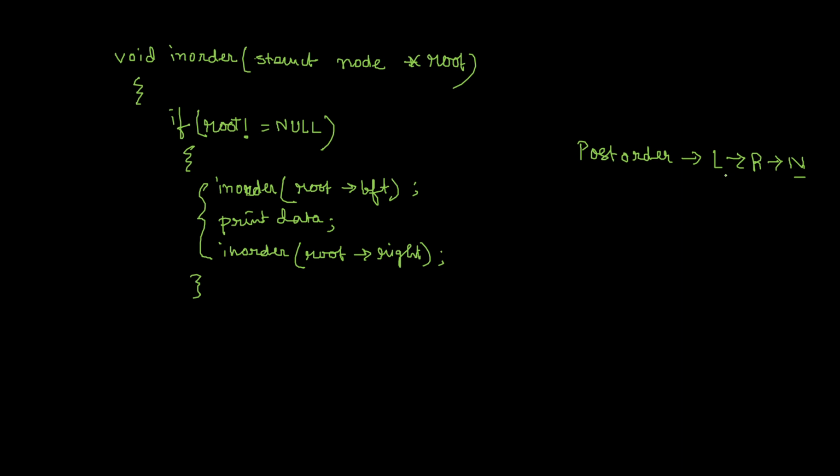I will go to the right subtree, print the right subtree, and when I come back from there, then I can print myself. So in that case, this data printing part will be at the end. Before that, we will have the calling of these two functions, not in-order, in that case maybe the function name will be post-order, that will print the left subtree and right subtree respectively, then print the current data. That's the difference, right?